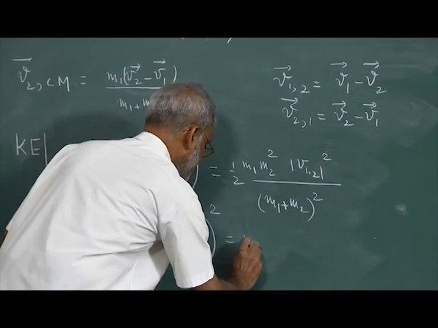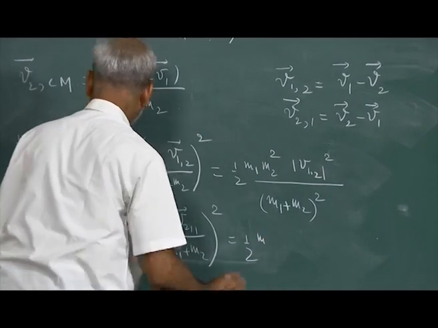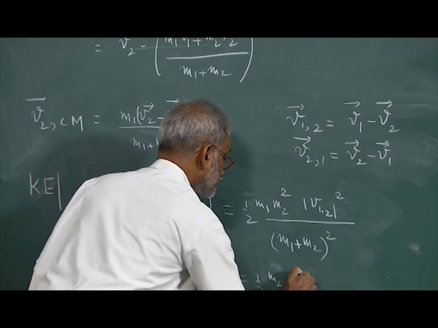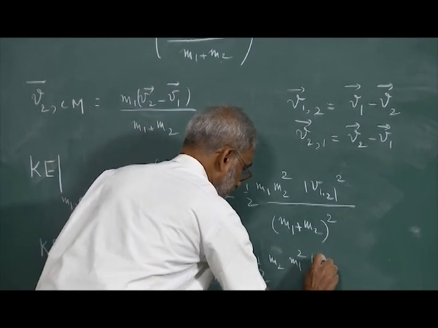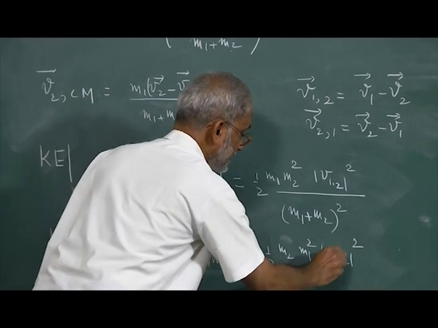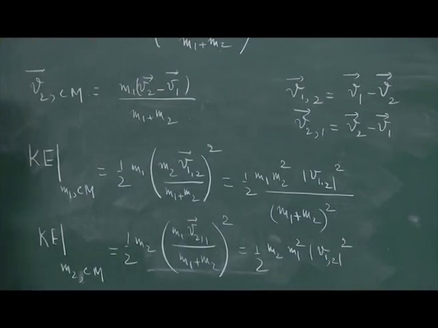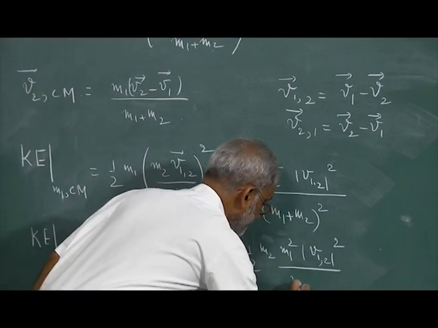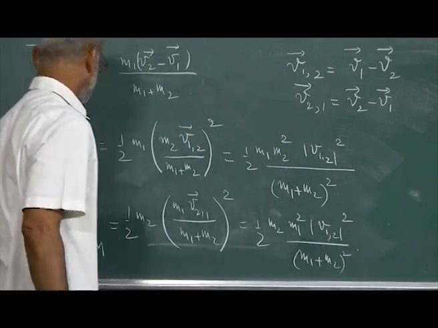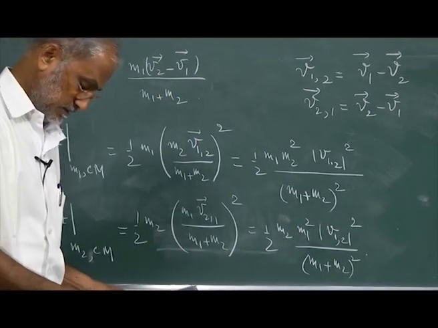This would be half of m2 squared, sorry, m2 m1 squared. Since it is a magnitude, I can write it whichever way I want, either V1,2 or V2,1, divided by m1 plus m2 the whole squared. Okay.